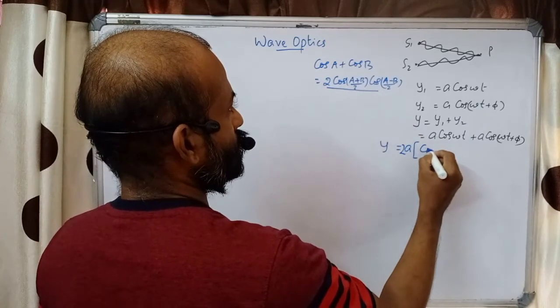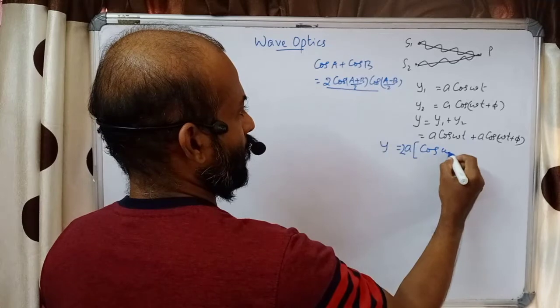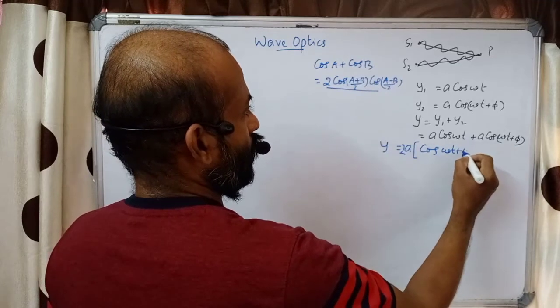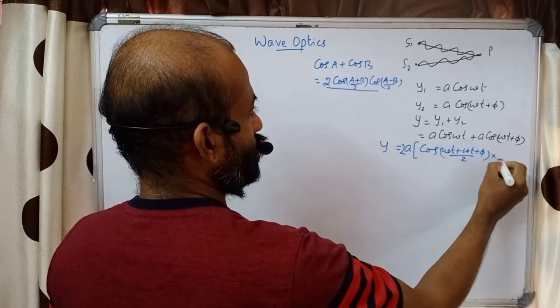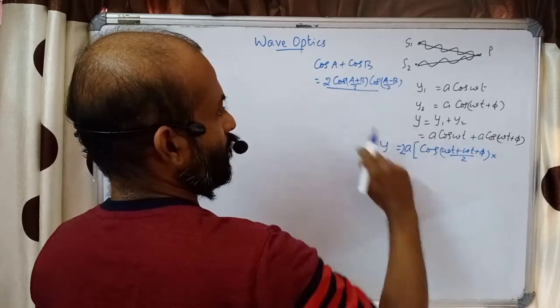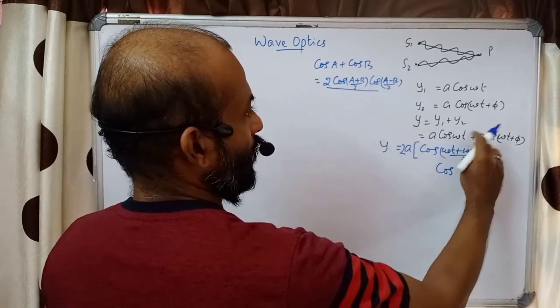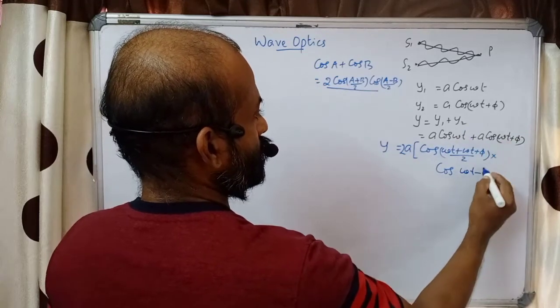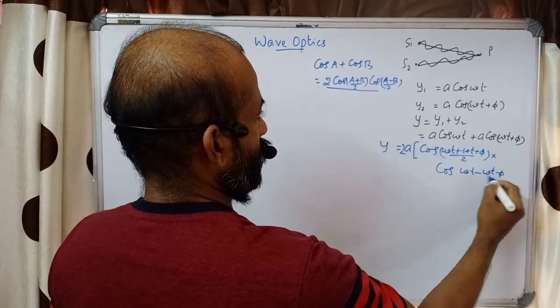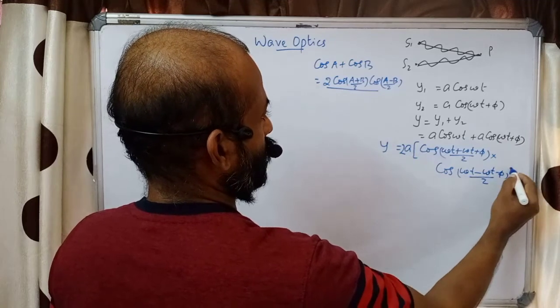So we can take 2A. Then cos ((A plus B) by 2), that is cos of (omega t plus phi) by 2, into cos ((A minus B) by 2). A is omega t, so omega t minus phi, the whole divided by 2. These are the terms.